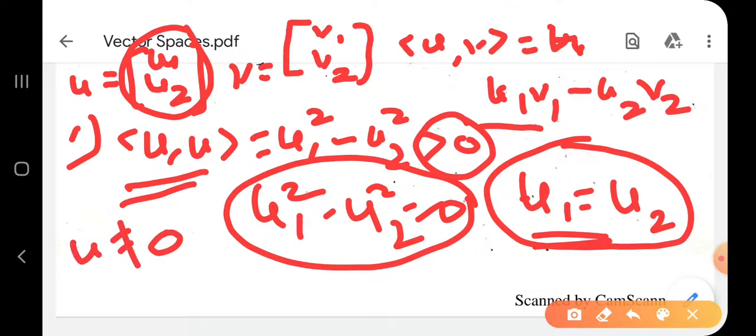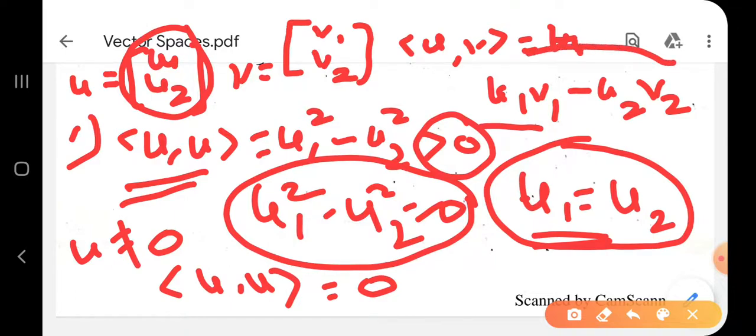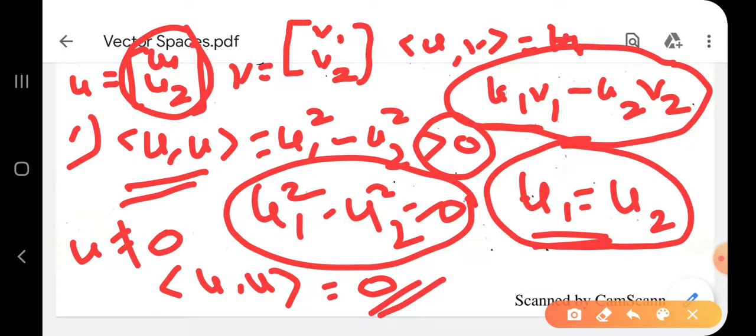So the product u1 v1 minus u2 v2 does not satisfy the positive definite condition, so this is not an inner product space. Understood?